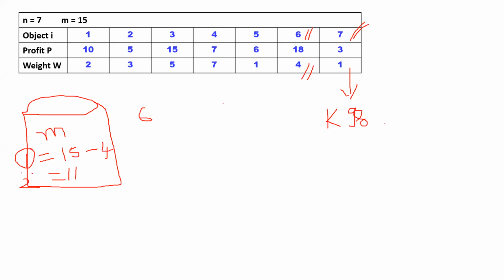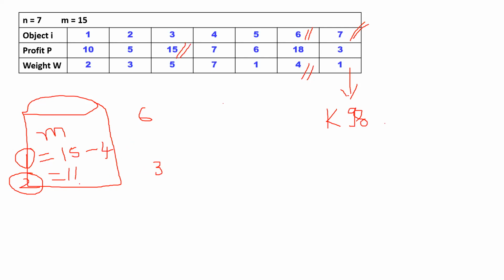Second step: again, I'll choose the object with the highest profit among the remaining objects, since the 6th object is already selected. Now that object is 3. Object 3 has a profit of 15.